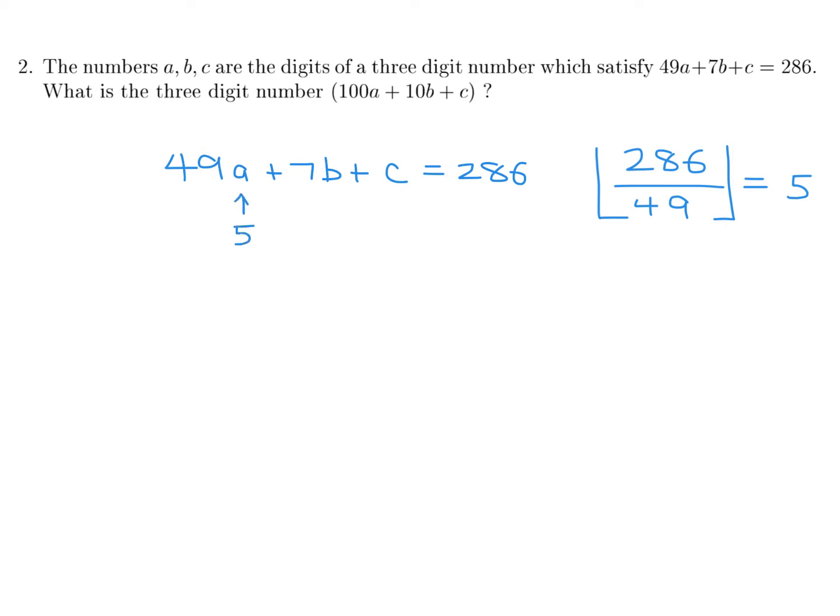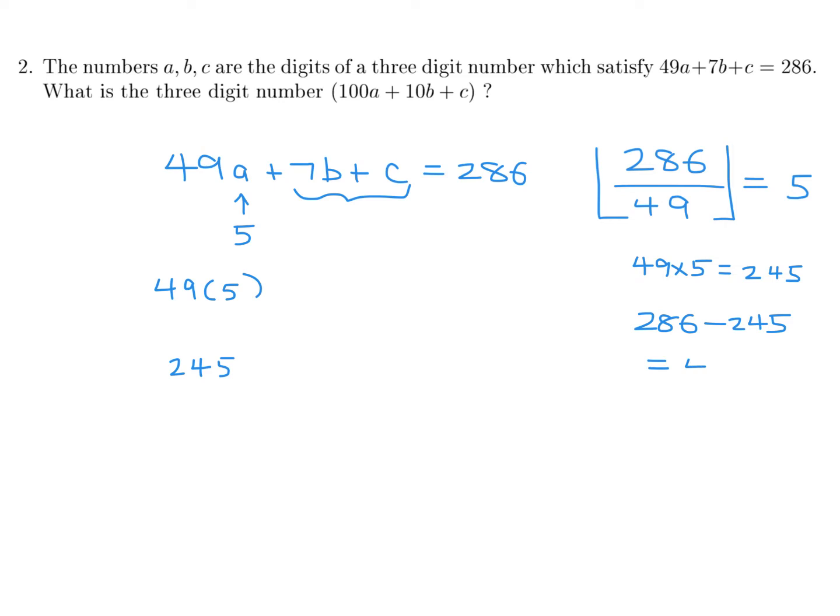If it is indeed a 5, that means 49 times 5 is 245, and therefore this 49 times 5 basically gives me 245. So this part has got to give me the remainder, which is 286 minus 245, right? And that's 41. So this has to be equal to 41.